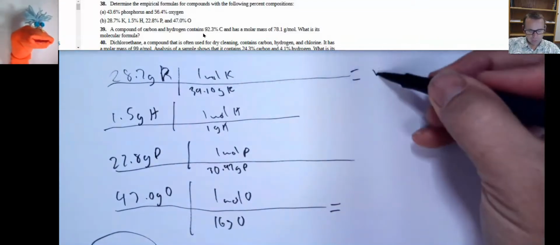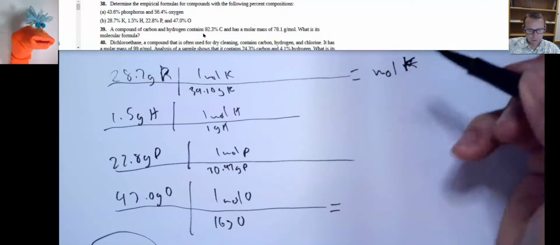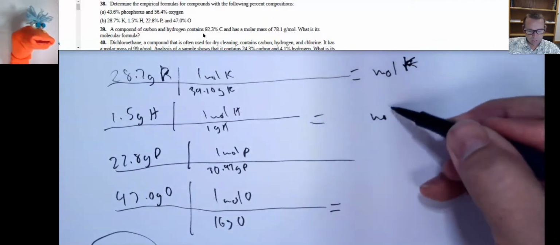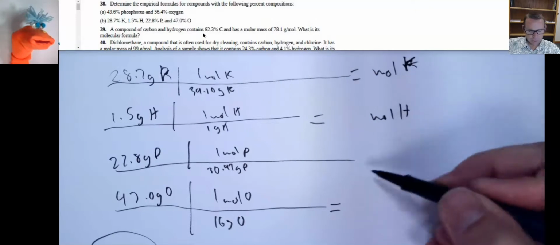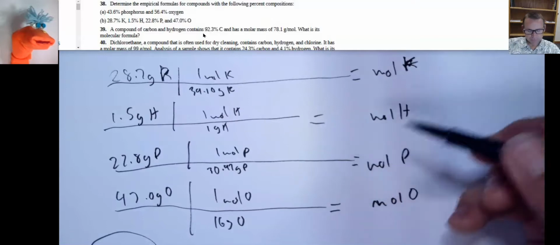Okay. So we get moles of potassium, moles of hydrogen, moles of phosphorus, and moles of oxygen.